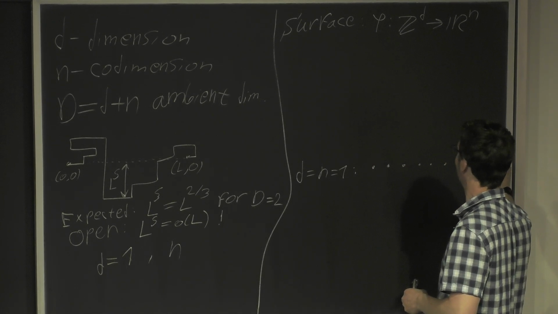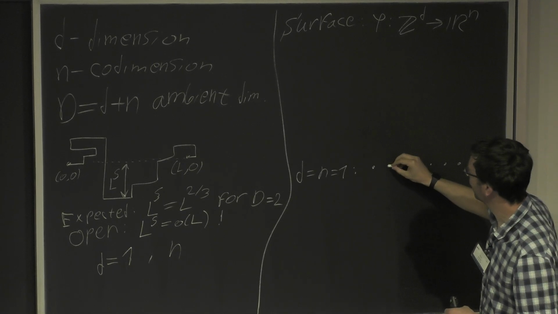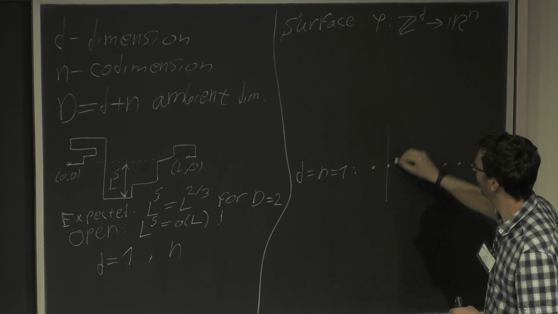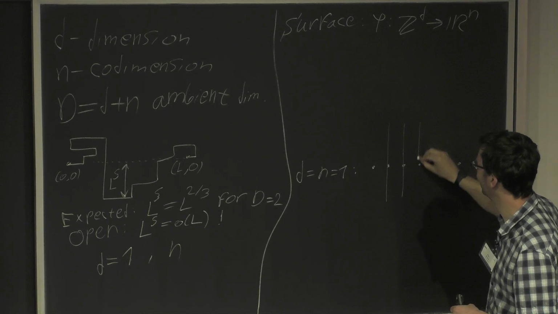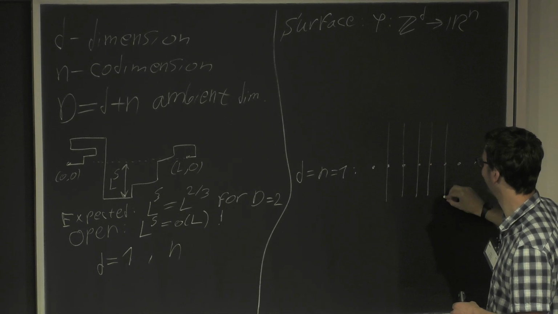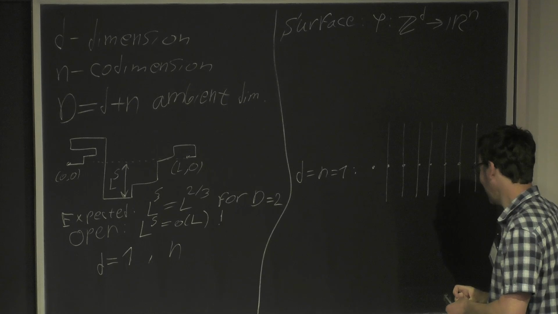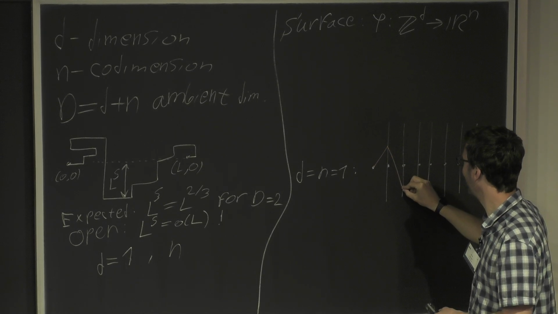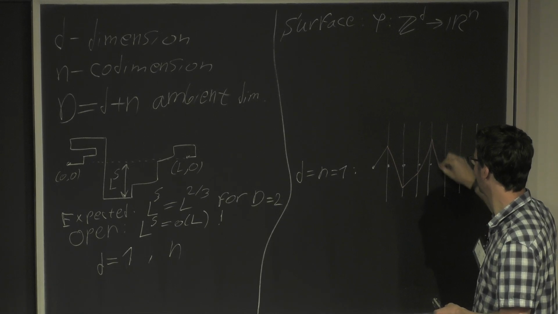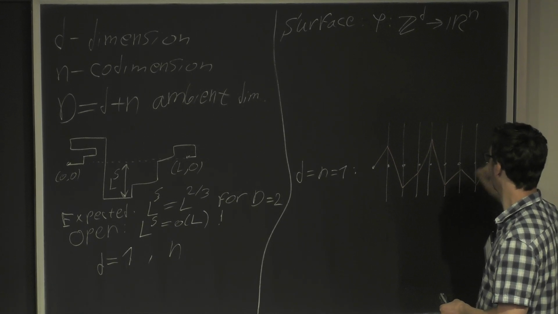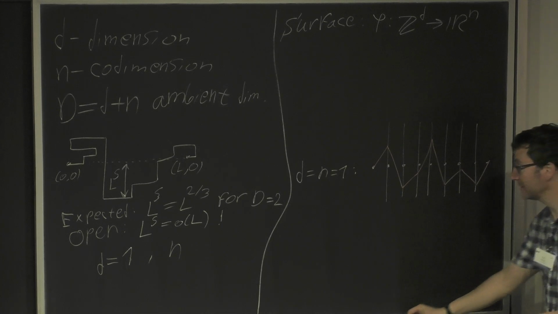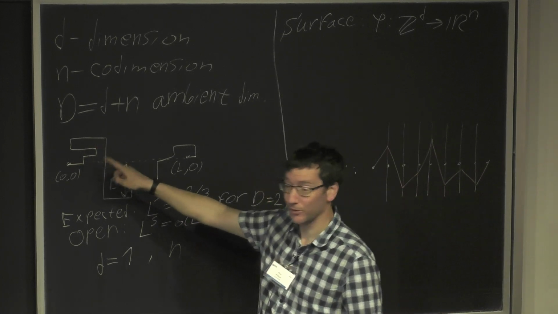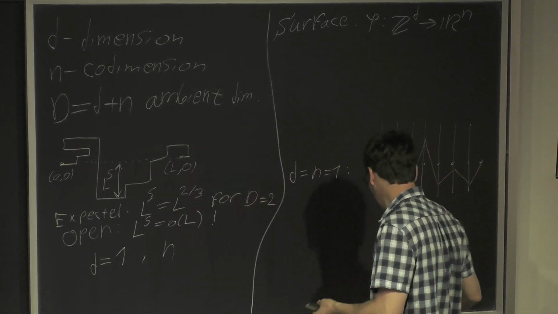This is a copy of Z. And at each vertex of the one-dimensional lattice, we have a copy of R, like so. And then our minimal surface is some path that connects points on these copies of R. Okay, like so.